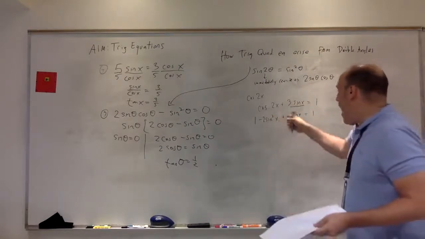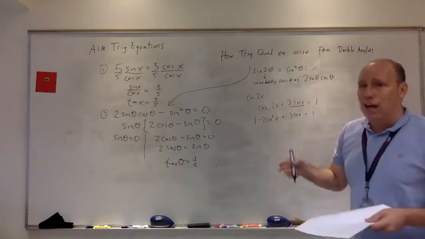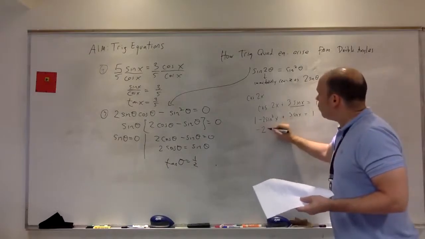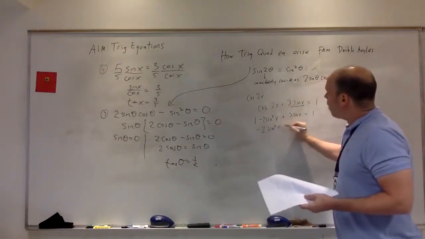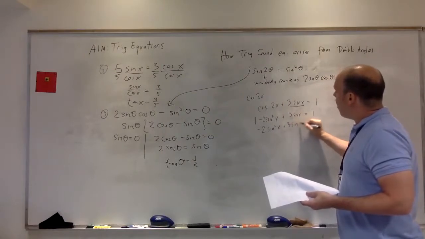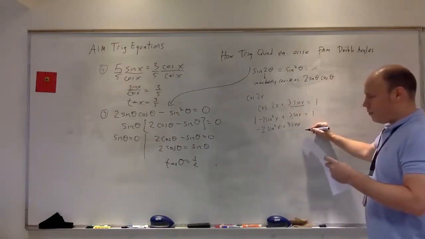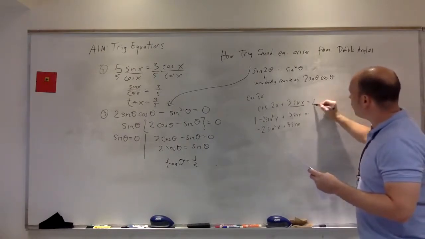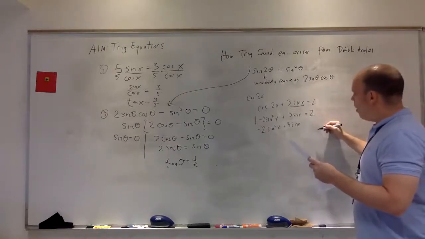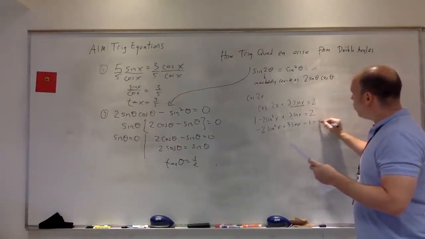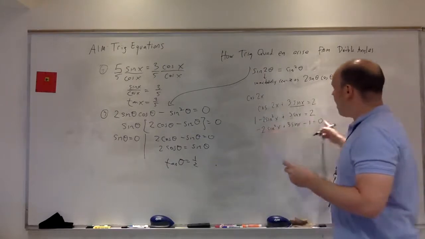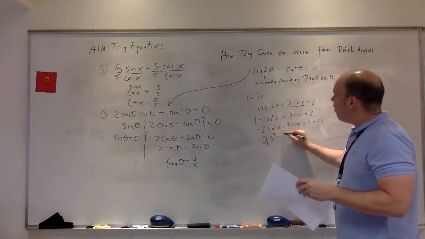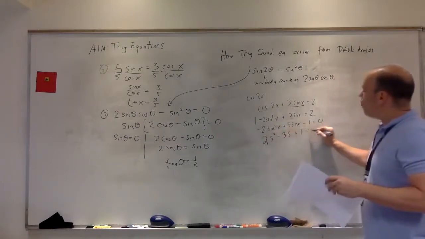We have negative 2 sine squared x plus 3 sine of x minus 1 equals 0. And then I'm going to put the negative through. So we have 2 s squared minus 3s plus 1 equals 0.